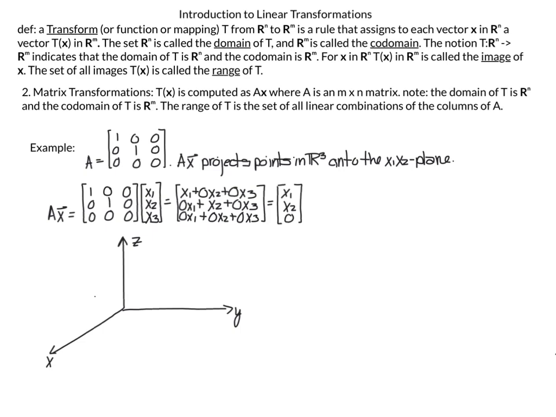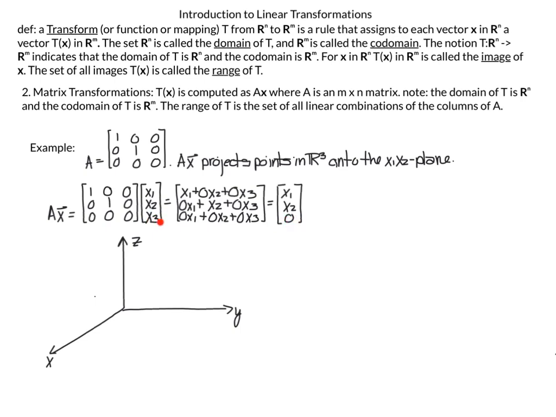To see a little more of what's going on, I am going to plug in a random x, (x1, x2, x3), multiply it by my A, and I get (x1, x2, 0). So every vector from R3, every three-dimensional vector, I'm always going to get a 0, basically because of this row here. It multiplies 0 times x1, 0 times x2, 0 times x3 to give you the bottom coordinate.